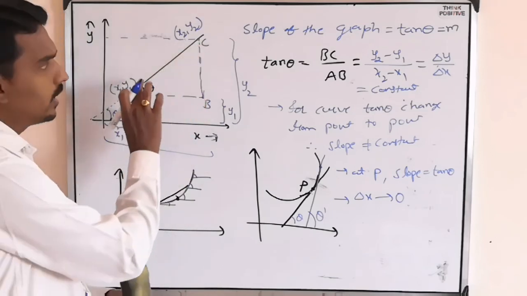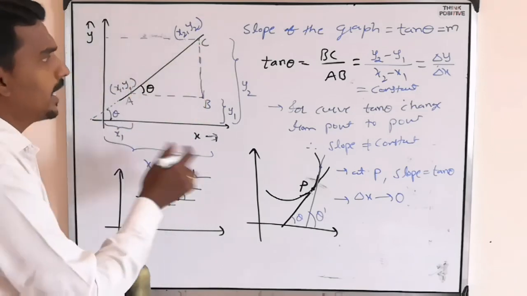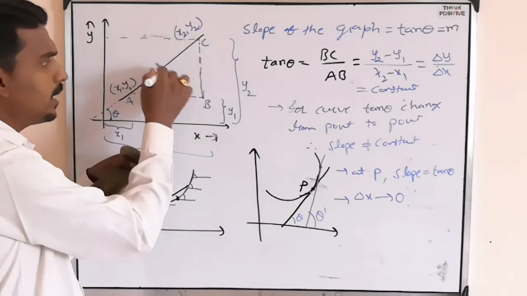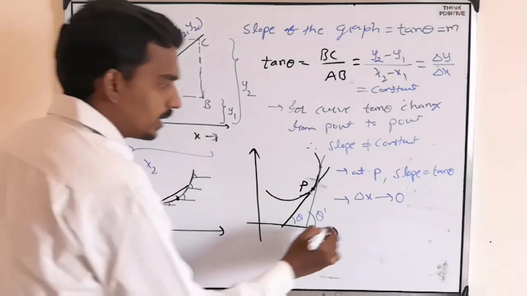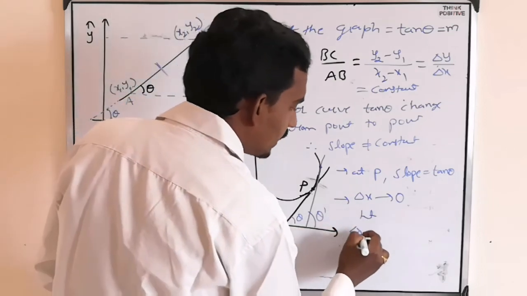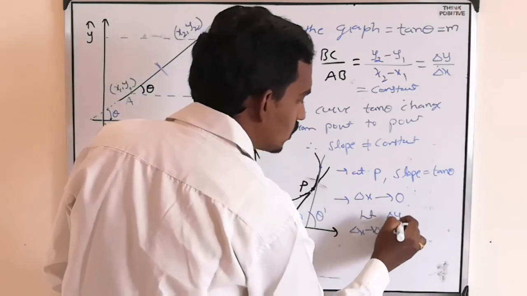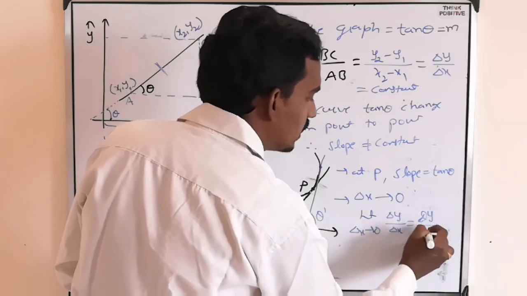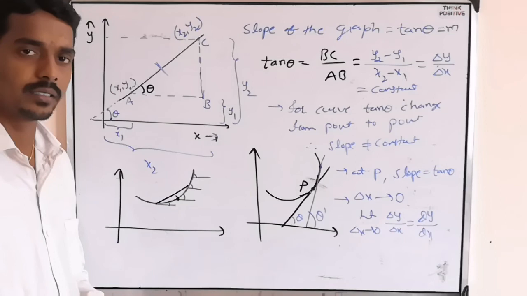Between 2 points means x2 minus x1. But at any one point, between 2 points, average; at any point, instantaneous. Then under the limit delta x tends to 0, delta y by delta x, we can write it as dy by dx.